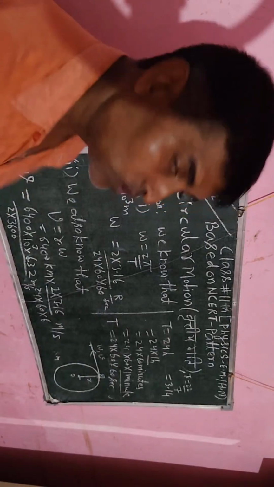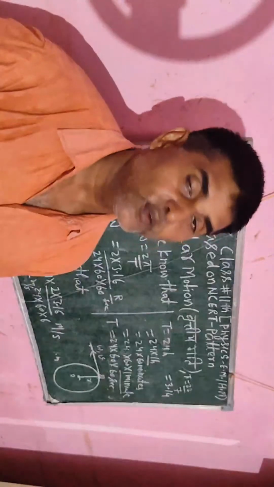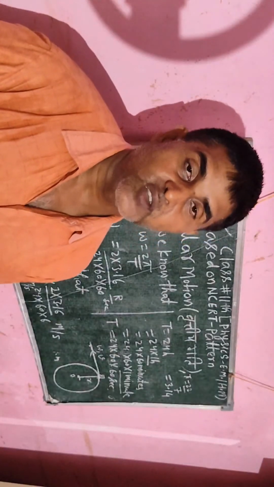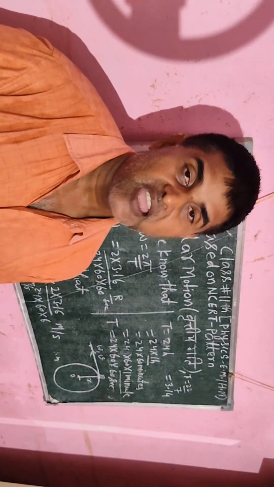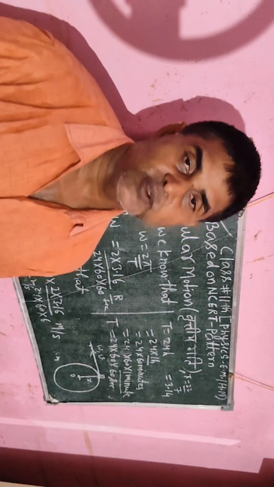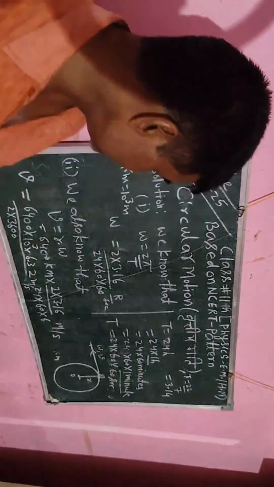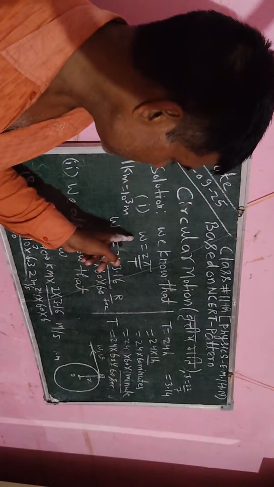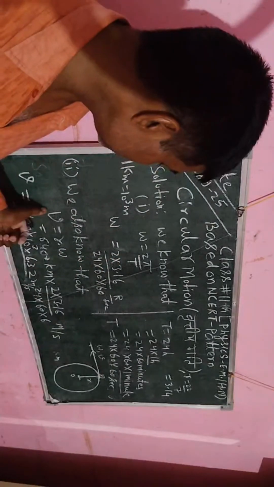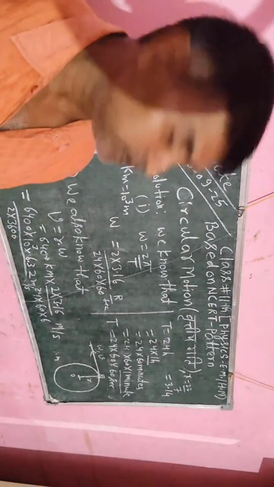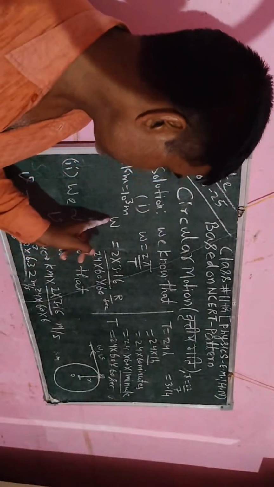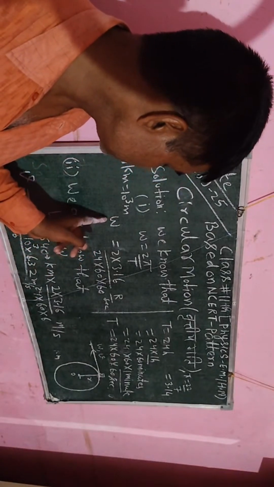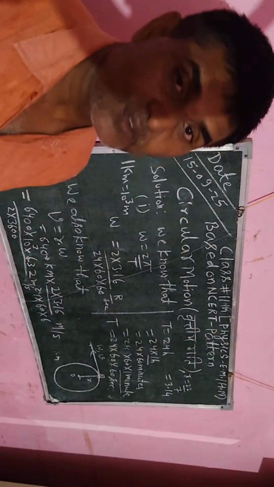According to this way we will calculate the value of linear velocity and also the value of angular velocity. I hope that you are understanding very easily how to calculate the value of omega and how to calculate the value of v. So these are the requirements: one is the angular velocity and the other is the linear velocity.